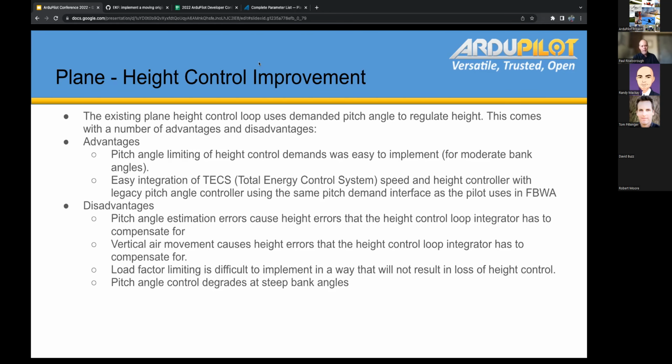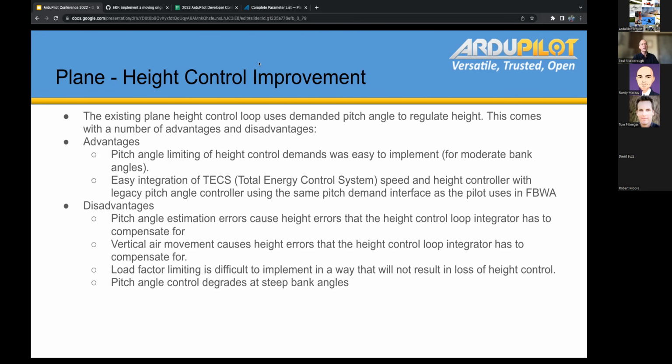As we fitted ArduPilot to aircraft that fly faster, or we start to try to do more accurate height keeping, for example formation flying or precision landings, that methodology starts to run into limitations.